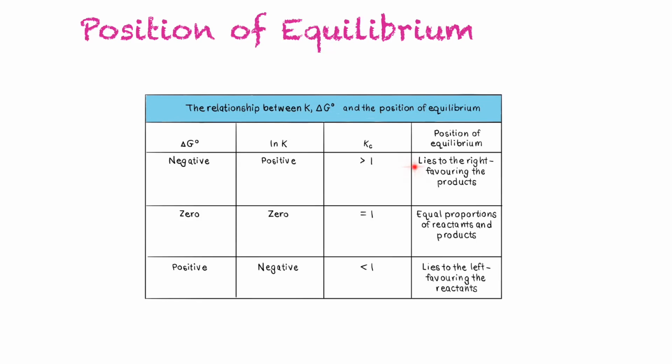So the equilibrium will lie to the right, favoring the products. If ΔG is 0 and the ln of K is 0, Kc will equal 1, so you'll have equal proportions of reactants and products. And if ΔG is positive, the ln of K is negative, and the equilibrium constant will be less than 1, so it will lie to the left, favoring the reactants instead.